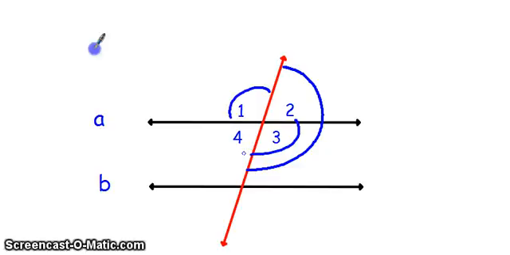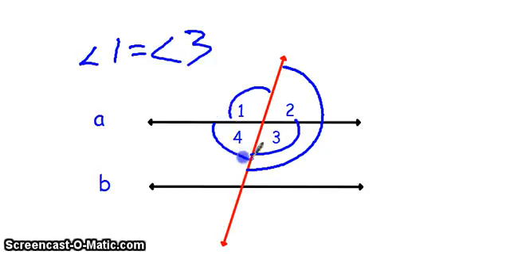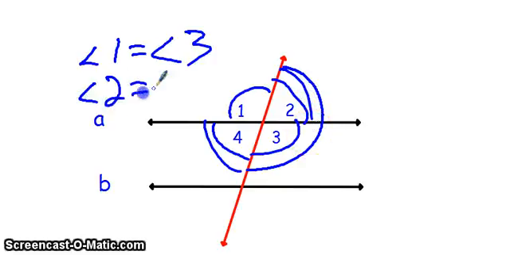So angle 1 equals angle 3. The measure of angle 1 equals the measure of angle 3. Those are called vertical angles. So because of that rule, angle 2 and angle 4 are also vertical angles, and they are also equal in measure.